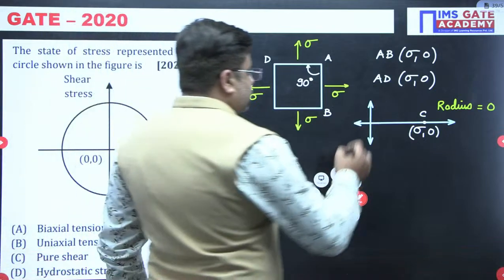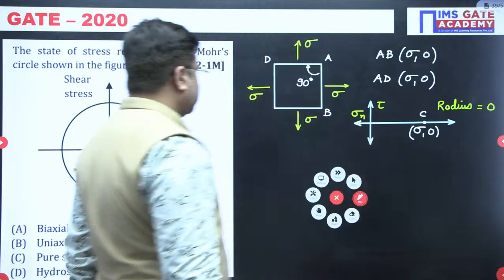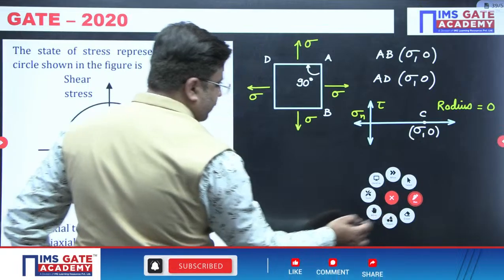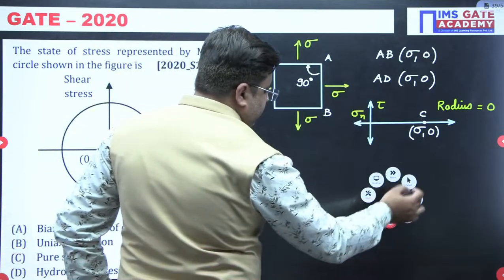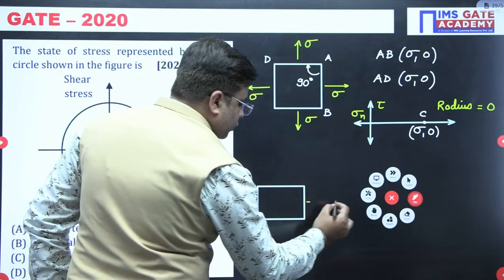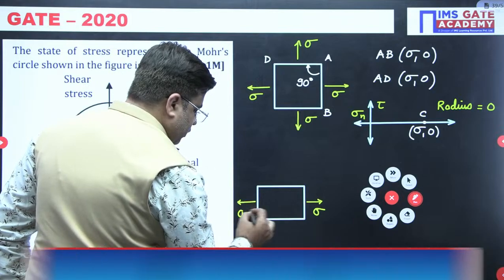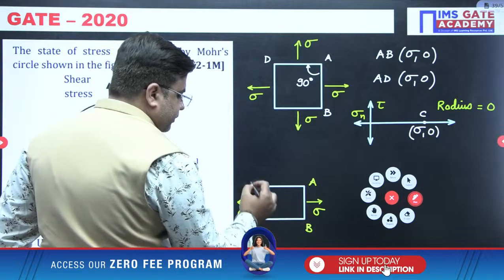This is your shear stress axis and this is your normal stress axis. Then next one is your uniaxial tension. So for example, if you have the state of stress like this, it is subjected to uniaxial tension sigma. So this is your plane AB and plane AD.